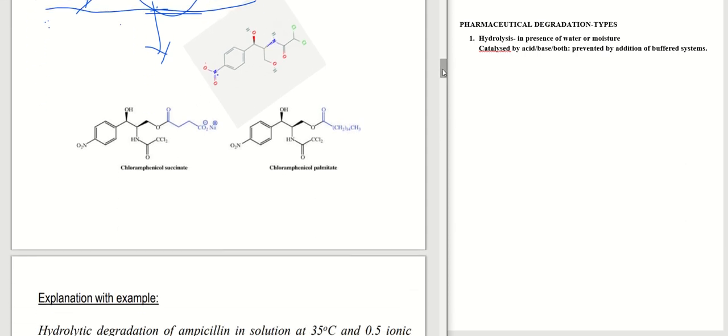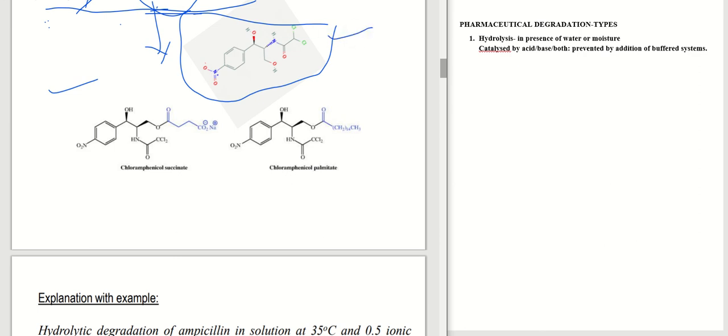And the next one is chloramphenicol. This is the structure of chloramphenicol. Now I've just rotated this image to make sure that you do not get confused with this structure, because in most of the books they depict the chemical structure in different ways. So here this is chloramphenicol, a pure chloramphenicol.